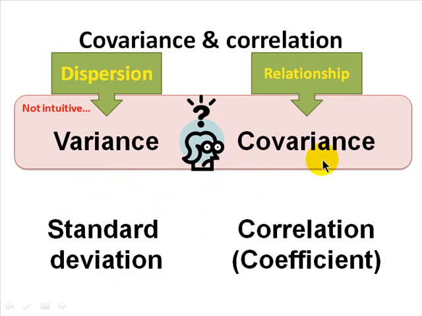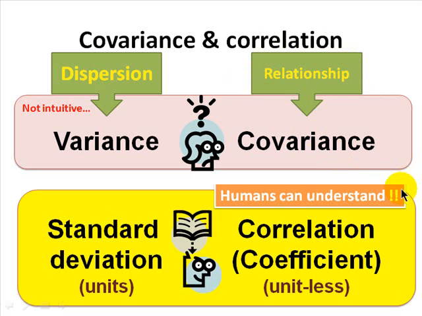The covariance we translate into the correlation coefficient, which is unitless. So it runs from -1 to 1.0. Because it's unitless, we can automatically understand it. We automatically understand that the closer it is to 1, the greater the strength of the relationship between the two random variables. So that's the analogy I'd like to draw.